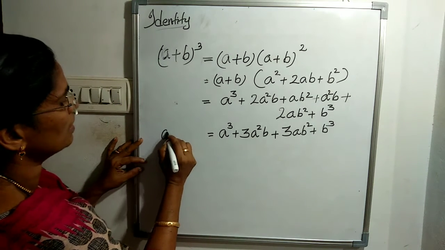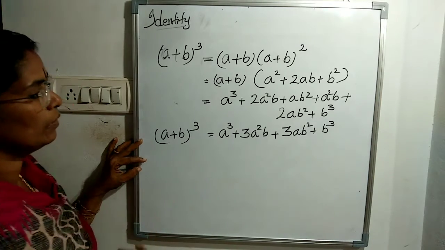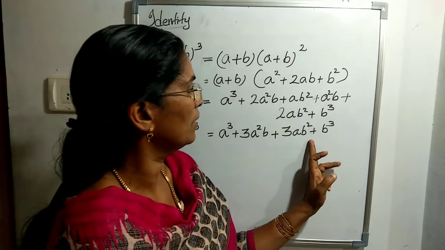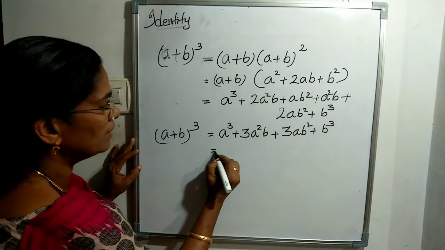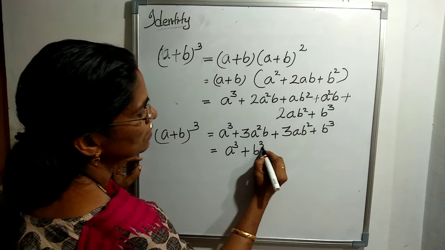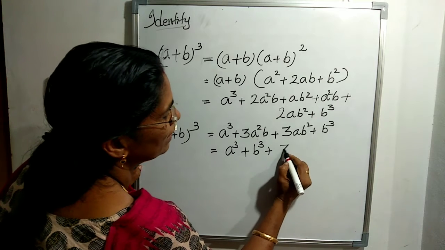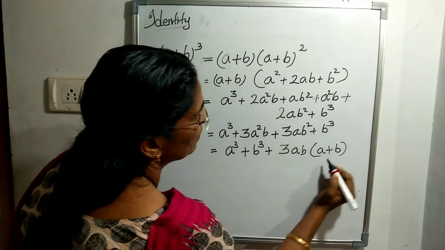So this is the identity: (a + b) whole cube is equal to a cube plus 3a square b plus 3ab square plus b cube. This is an important identity, and we can rearrange it and write like this also: a cube plus b cube we take first, and from the other two we take 3ab common and write (a + b) in the bracket.